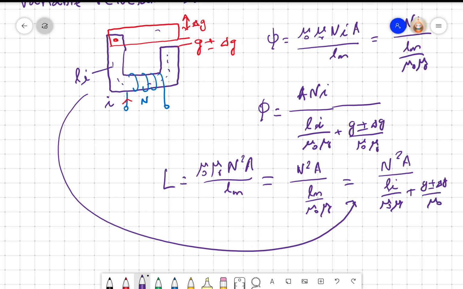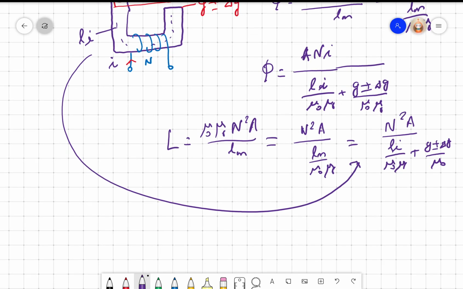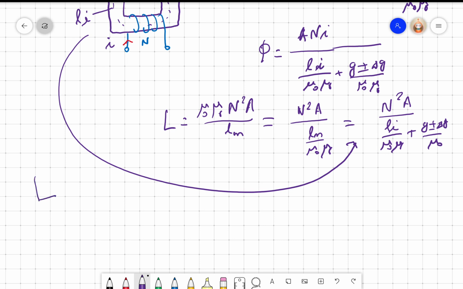I am assuming that the area of cross section of the iron and the area of cross section of the air gap are the same, but in practice there will be a small difference. If I have iron like this, these are the two pole parts of the iron. The flux lines, of course, will flow like this, and at the edge there would be fringing. So while this area is A iron, this area would be A air, and A air will be slightly more than A iron because of fringing.